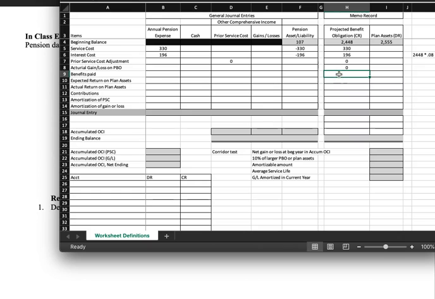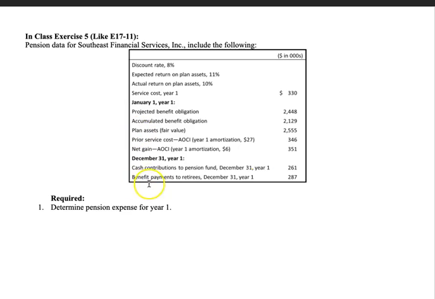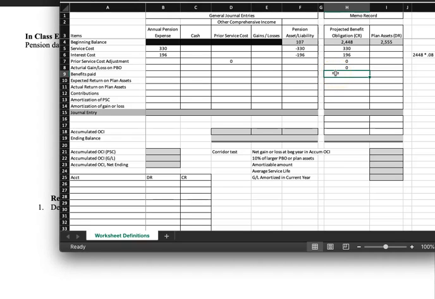All right, and the last thing that goes in our PBO is our actual benefits paid. Did we pay out benefits this period? We did, 287. So we're going to go in and say, okay, my benefits paid were 287. Now, benefits paid do what to obligations? Well, we're paying down debt, so it's going to cause our obligation to go down here. All right. Now, benefits paid does not impact any of the items over here. What does it impact?